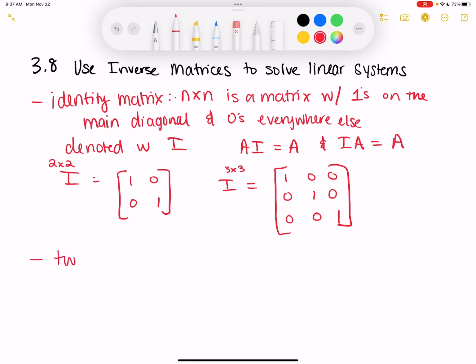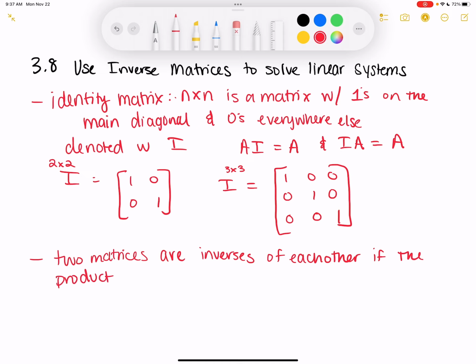Two matrices are inverses of each other if the product of each gives the n by n identity matrix.